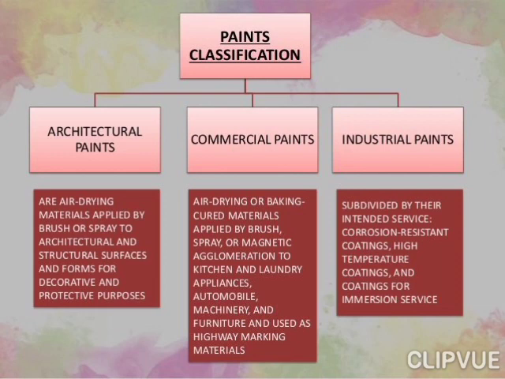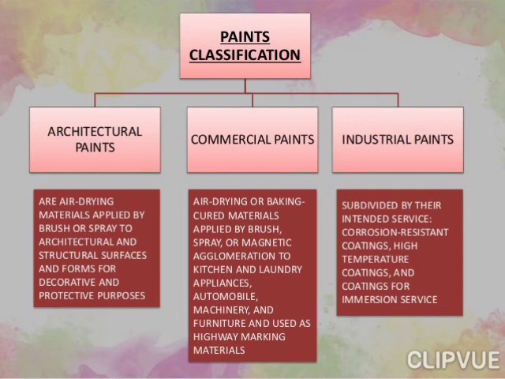Classification of paints. Architectural paints are air drying materials applied by brush or spray to the architectural and structural surfaces which forms decorative and protective purpose. Commercial paints.